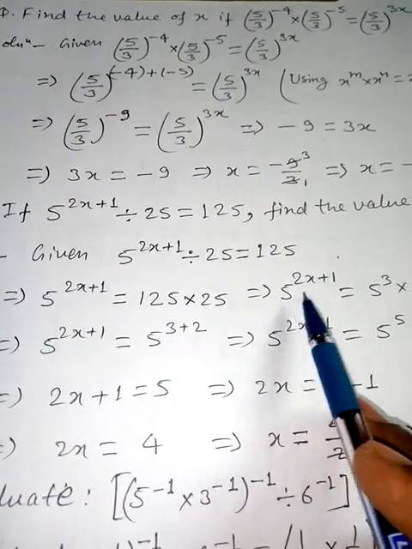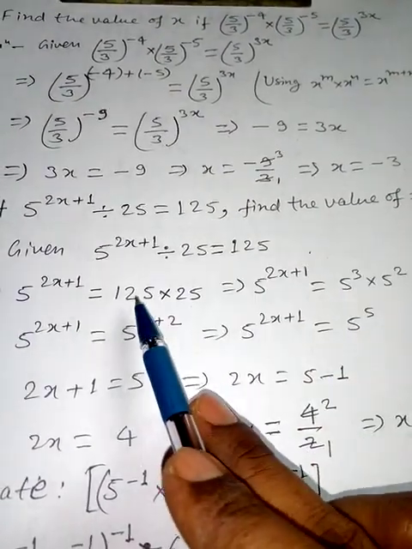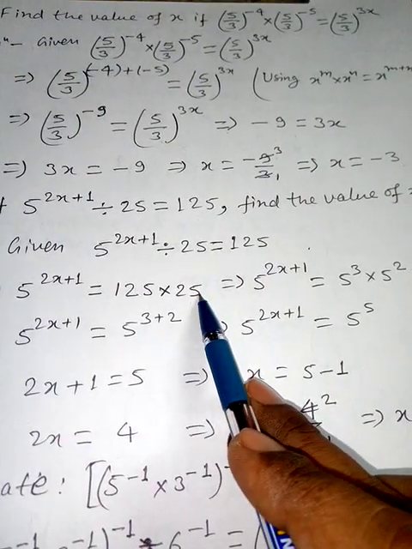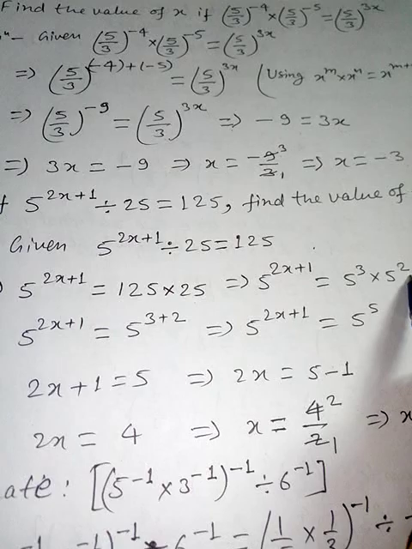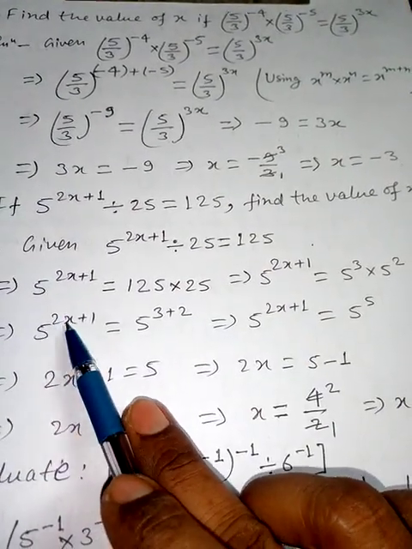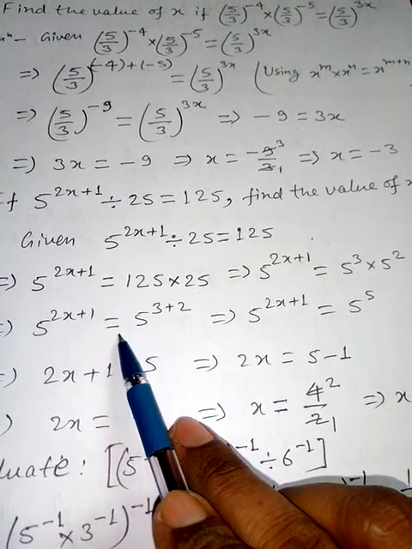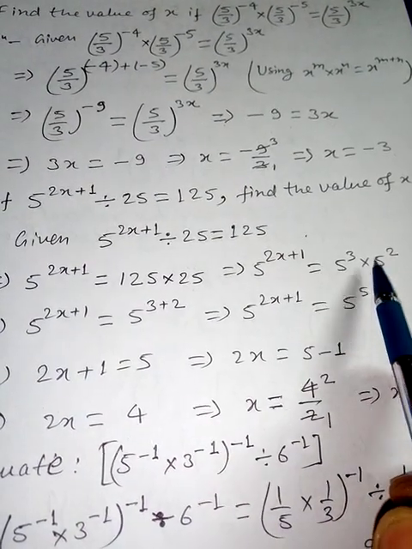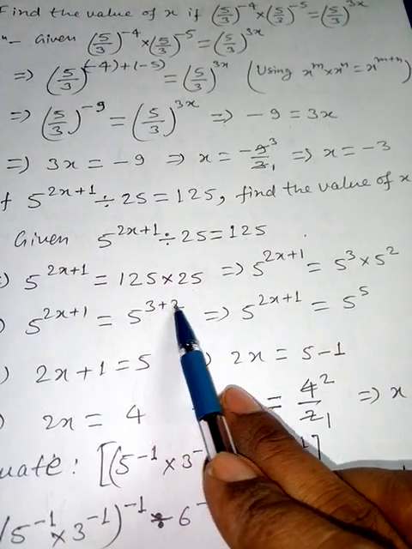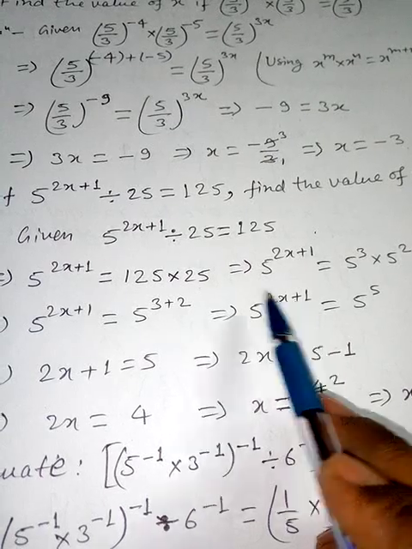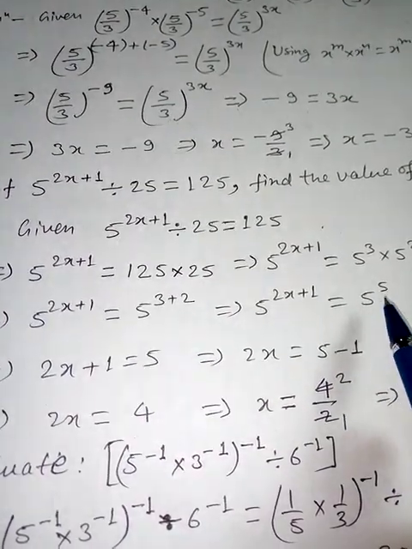Now 5^(2x+1) equals, this 125 can be written as 5^3, and this 25 can be written as 5^2. Now the LHS is 5^(2x+1) equals 5^(3+2). Here the bases are the same, so powers will be added. Now 5^(2x+1) in the LHS, and in the RHS 5^5.